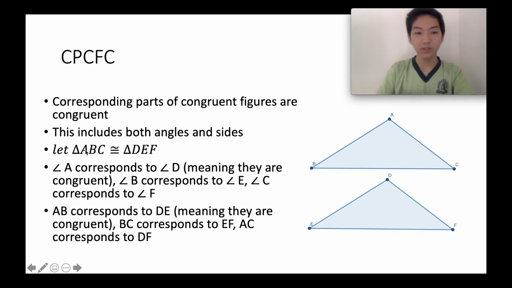Now if you notice here, when two parts are corresponding, they have the same place in the triangle. So A corresponds to D, meaning that they're congruent. B corresponds to E, C corresponds to F. Also, it applies to sides, not just angles. AB corresponds to DE, BC corresponds to EF, and AC corresponds to DF.